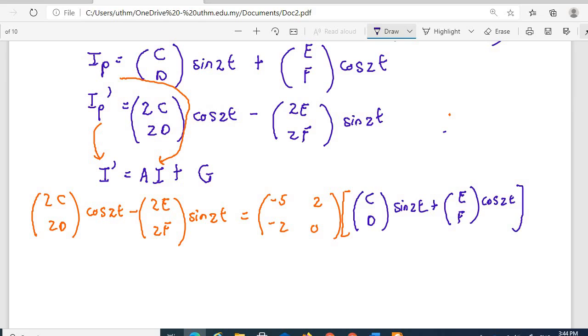A you multiply by this one, plus G. G is actually, you have what? Okay, 100 sin 2t, and then this is 40 sin 2t.